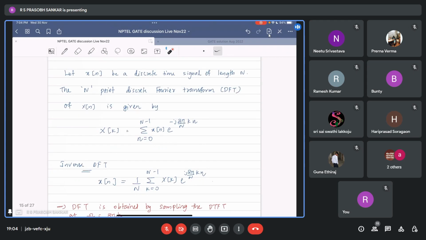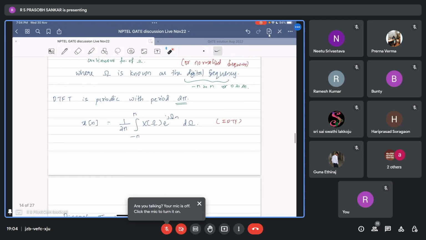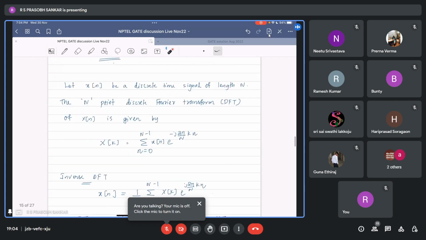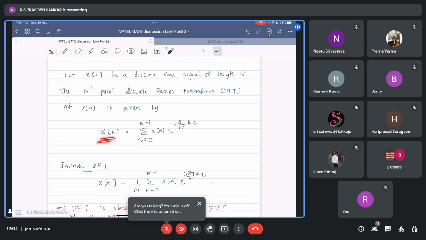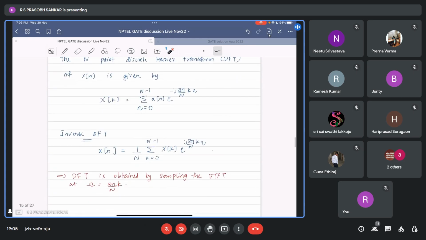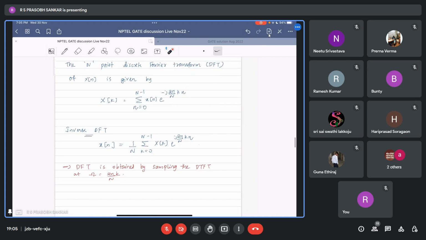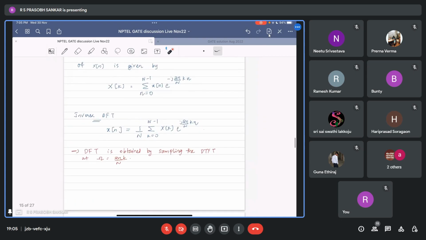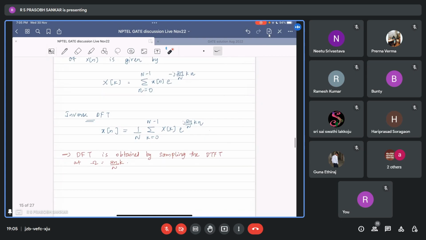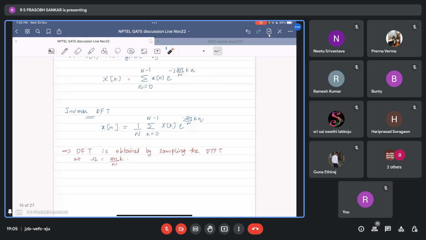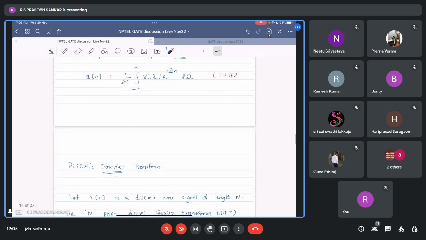Just like we have the inverse DTFT, we also have the inverse DFT. Given X of k, we can go back to x of n by using this inverse DFT expression. These are topics we have been discussing last week and in some of the previous weeks. I don't plan to spend more time revising this because we have already discussed the same thing in the last 2 or 3 weeks.